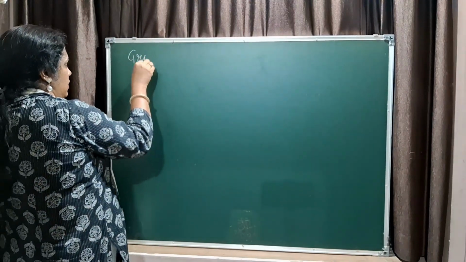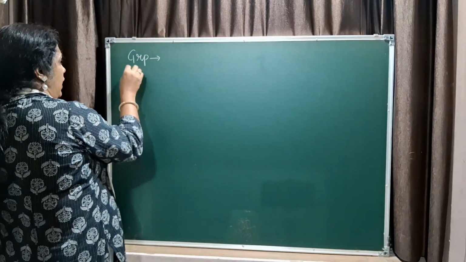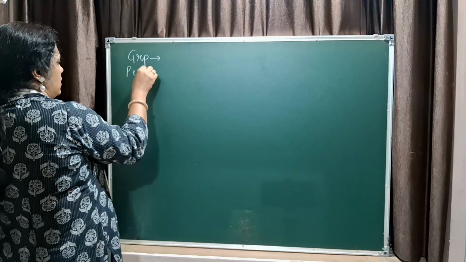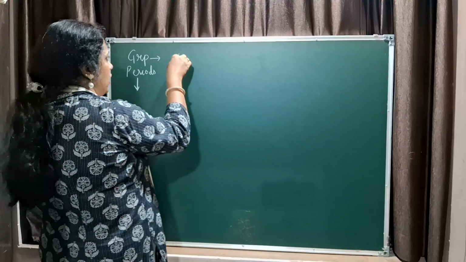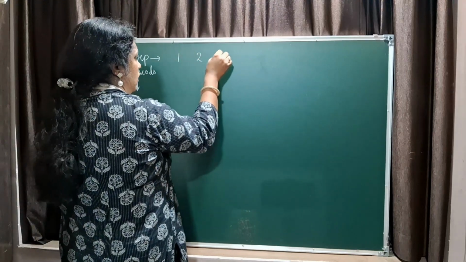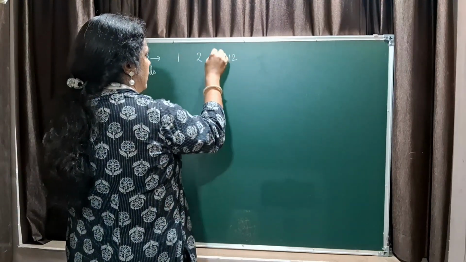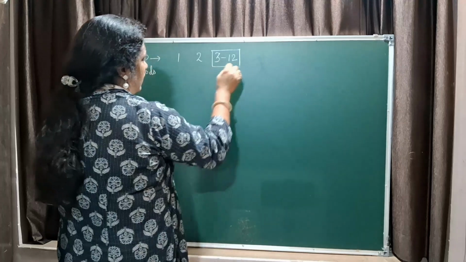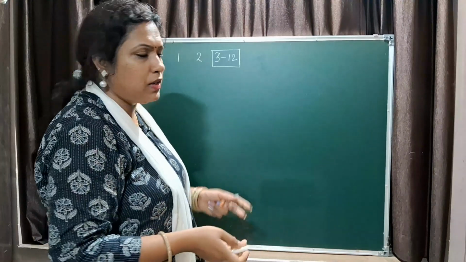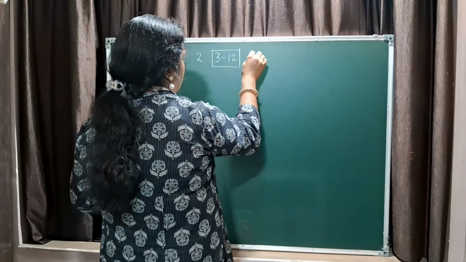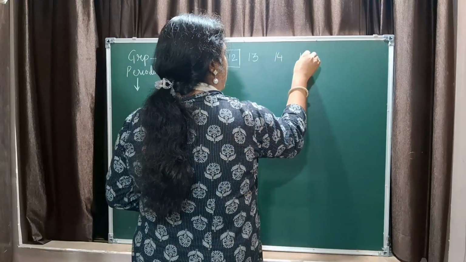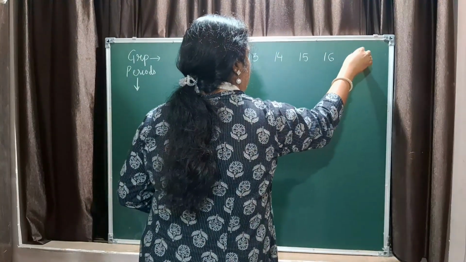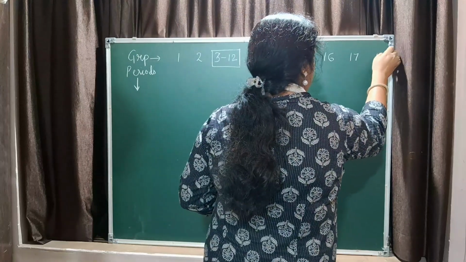Anyway, so you know that we have groups this way and we have got periods this way, correct? So you have group 1, 2, 3 to 12, that is the transition elements. We are studying only the first 20 elements, so we do not need the transition elements right now. 13, then you have got 14, 15, 16, 17, 18.